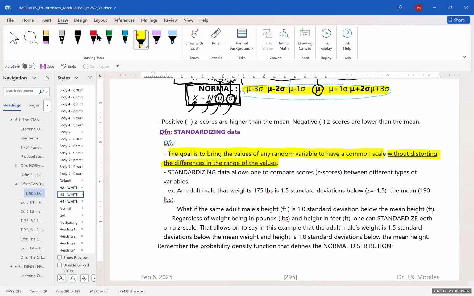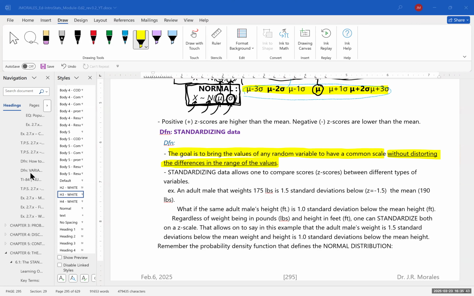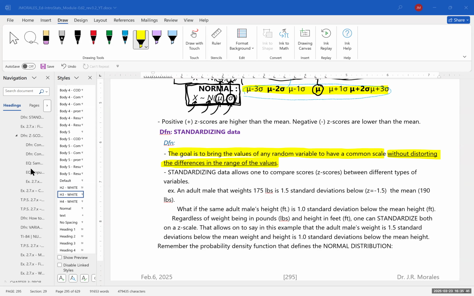So let's go back, I kind of want to say, let's go back to a simpler time. Let's go back to section 2.7.